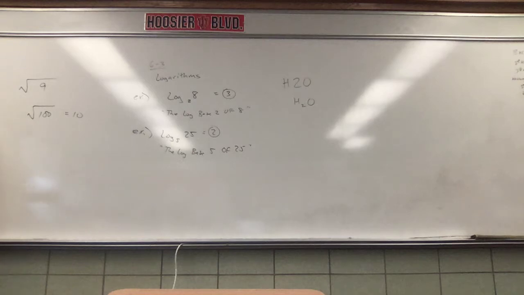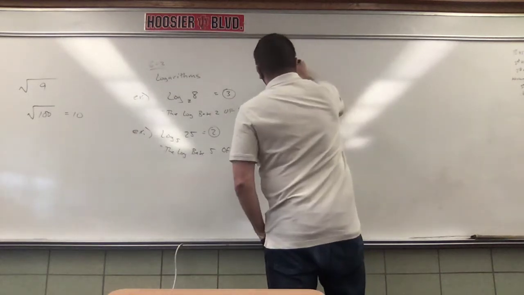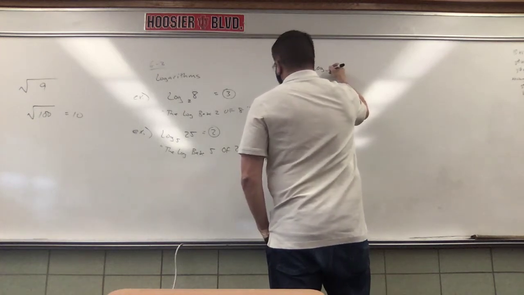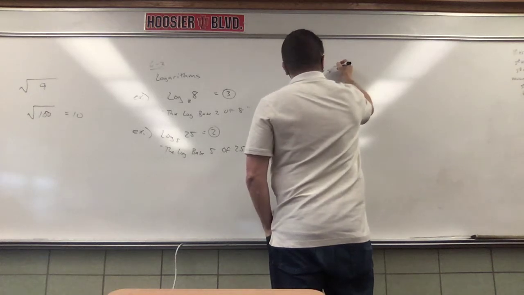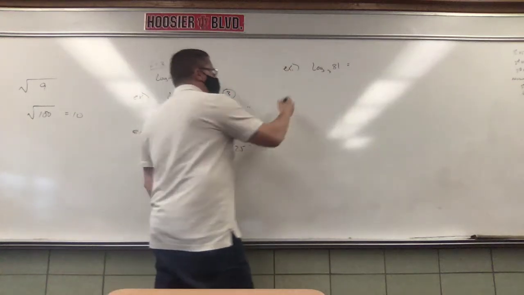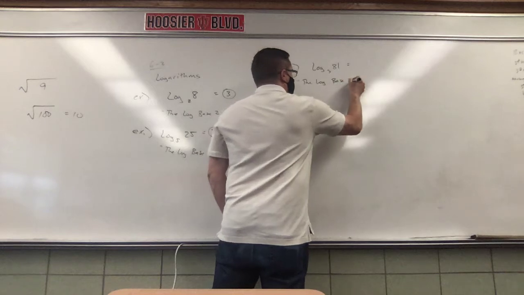Let's try one more. And then we're going to tell you what a logarithm is in one word. How about this one right here? Let's make it, I think I got it. The way you would read this is the log base 3 of 81.